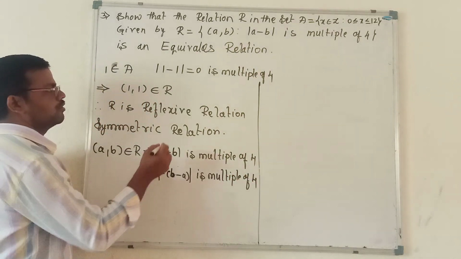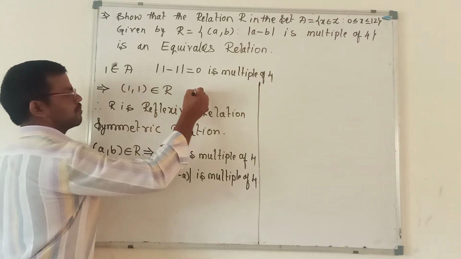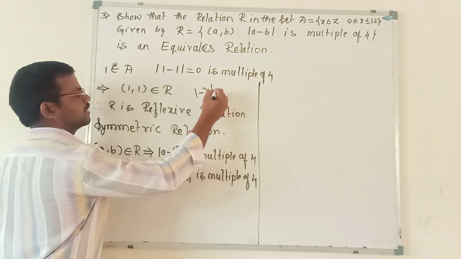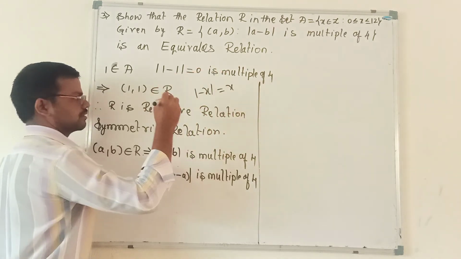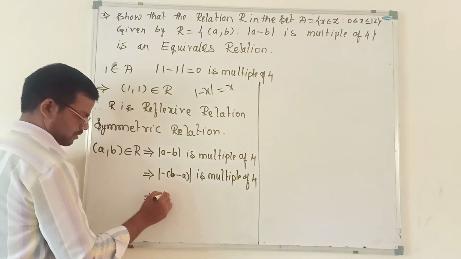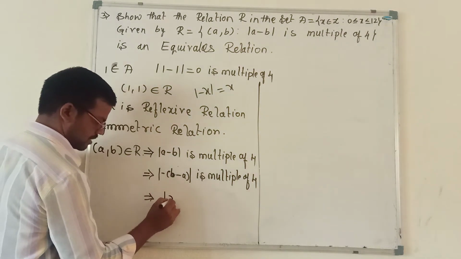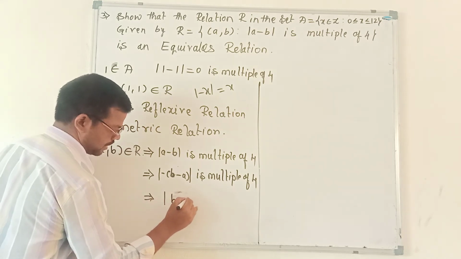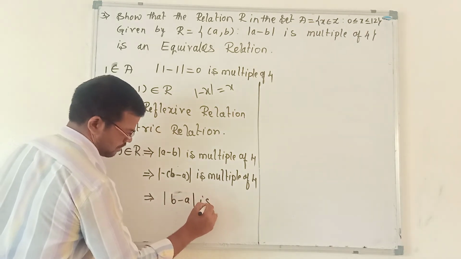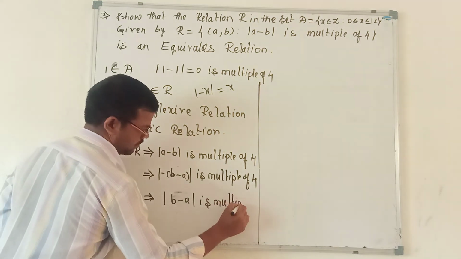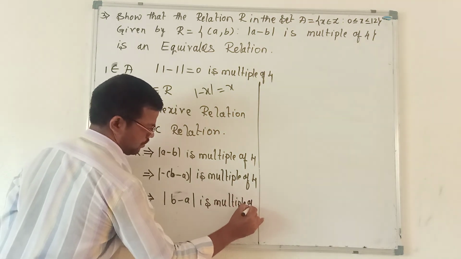As we know from a previous example, mod of minus x is x. It implies that mod B minus A is a multiple of 4.